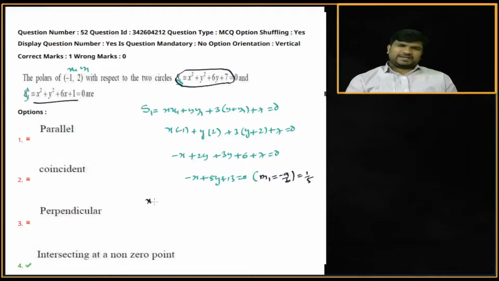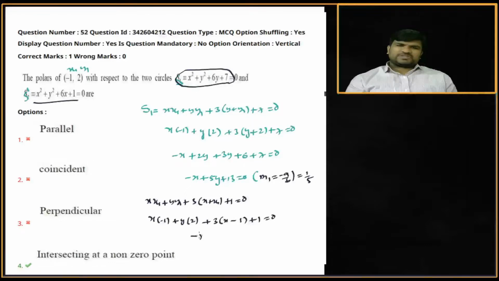That is again x x1 plus y y1 plus 3 times x plus x1 plus 1 equals 0. So x times x1 is minus 1, y times y1 is 2, plus 3 times x minus 1 plus 1 equals 0.